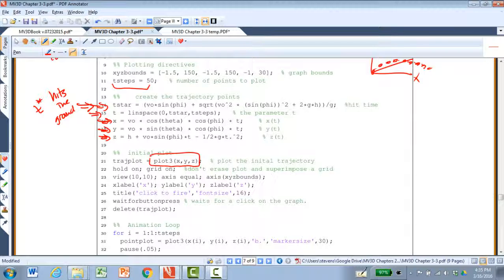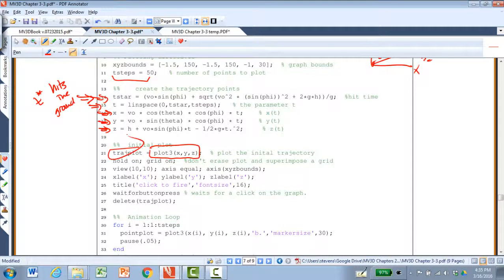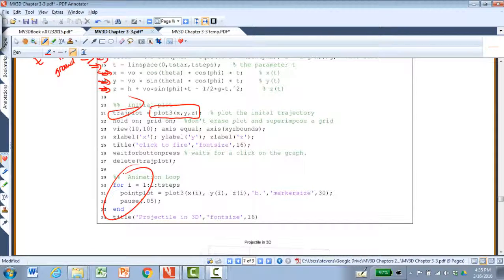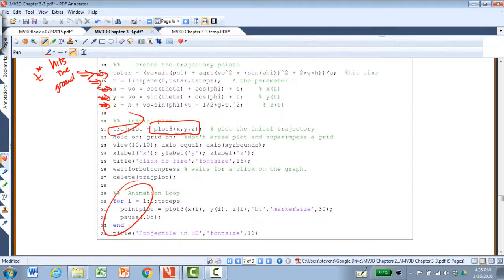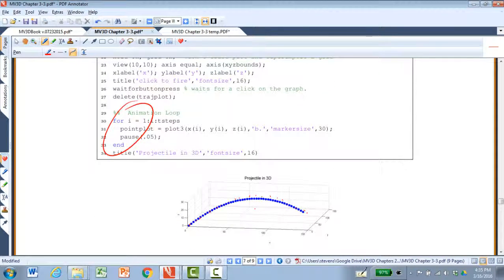These vector-valued functions are just parametric functions. So this plots the trajectory, and then what this animation loop does is it plots every one of the points. So it goes through there, and you can actually see this projectile flying through the air. A nice little program. I suggest you pull it up, maybe play with it, and rotate this thing around, make sure it looks realistic to you.